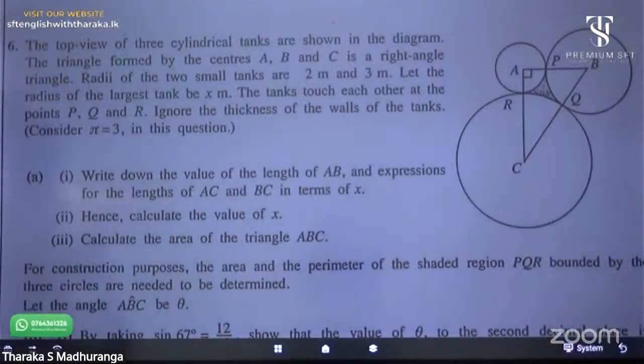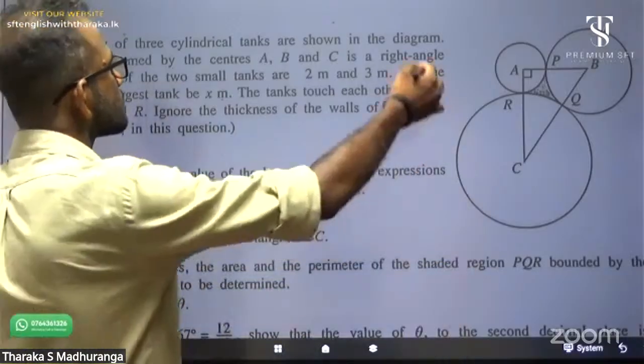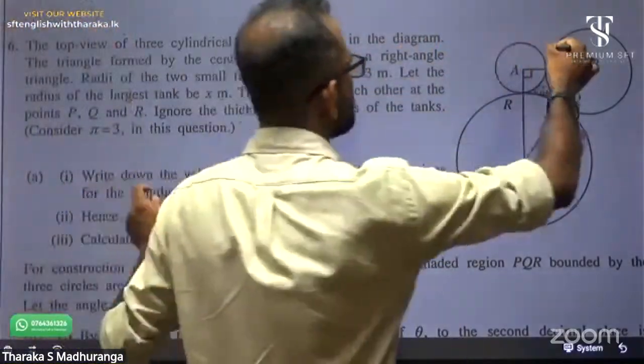The top view of three cylindrical tanks is shown in the diagram. The triangle formed by centers A, B, C is a right angle triangle. The radius of the two small tanks are 2 meters and 3 meters.